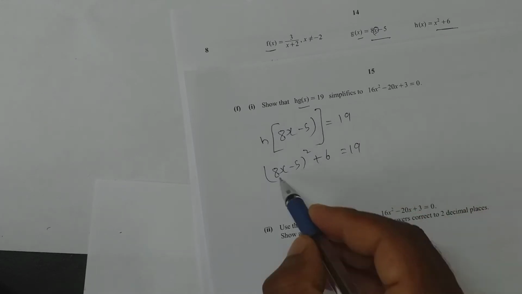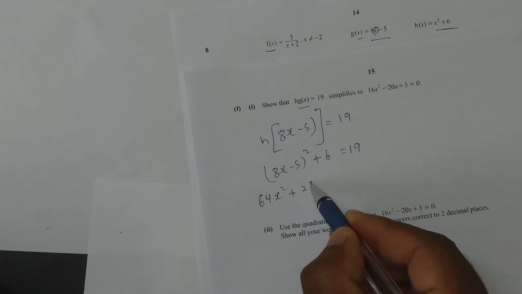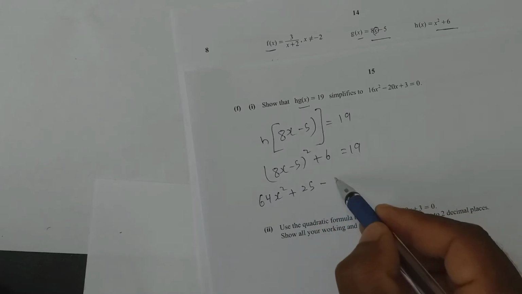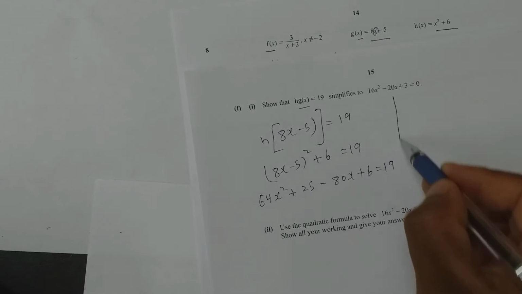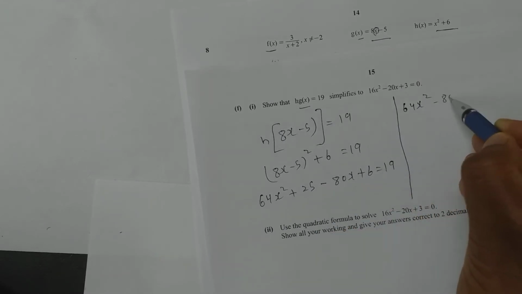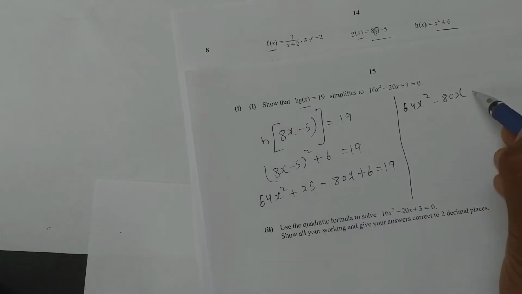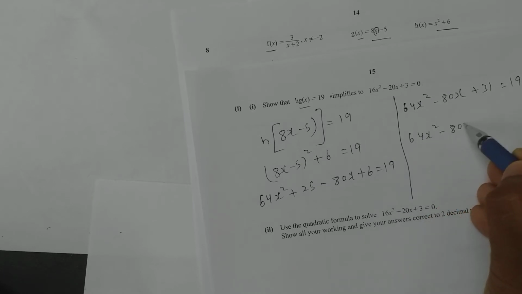Okay. So expand it. 64x square, using a minus b whole square, minus 80x plus 25, plus 6 equal to 19. So 64x square minus 80x, 25 plus 6 is 31, equal to 19. Bring 19 this side. So 64x square minus 80x plus 31 minus 19.